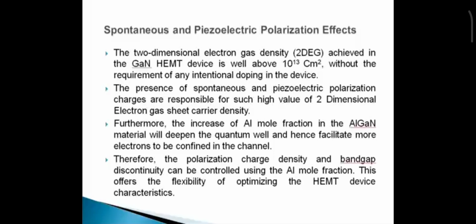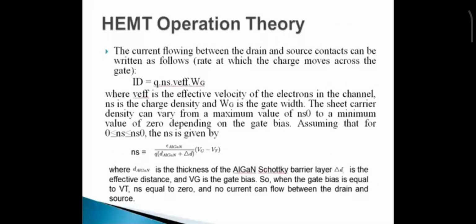And second, increasing the aluminum mole fraction will deepen the quantum well and hence facilitate more electrons to be confined in the channel. One of the advantages of introducing aluminum in the aluminum gallium nitride layer is that it can reduce the discontinuity problem in the band gap structure. Next is the HEMT operational theory.